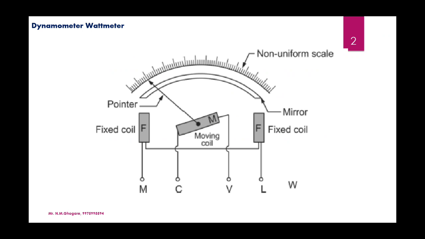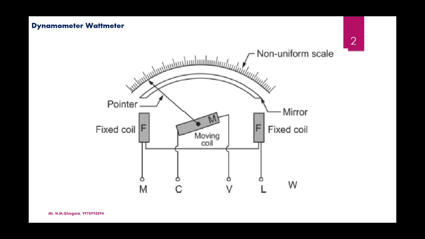The moving coil is supported by a pivoted spindle and is embraced by the fixed current coil. Spring control is used to produce the controlling torque. The spring also serves the function of current carrying lead for the moving coil.